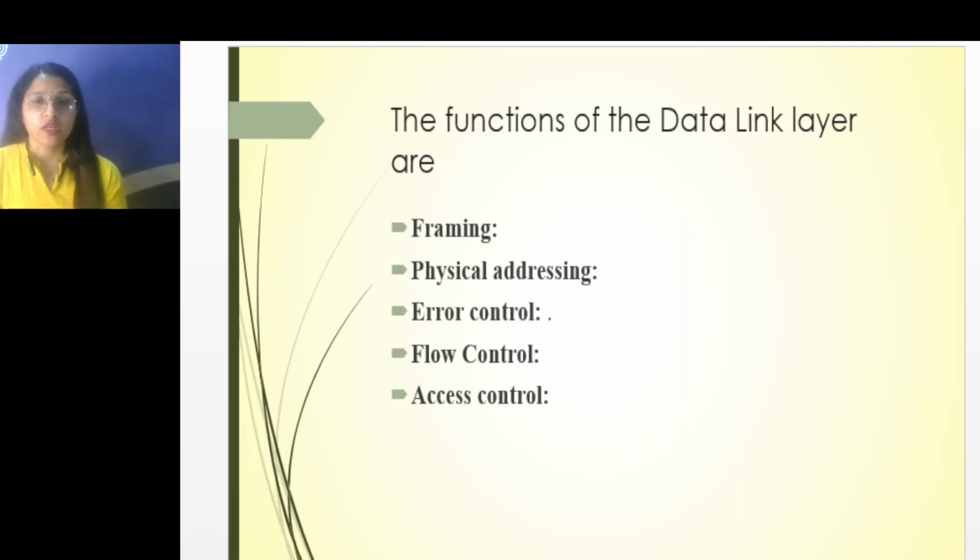Next is the error control. Because if data is moving from one node to another, there can be some kind of damage in the bits for any reason. So because of noise and other reasons, there can be errors in the data bits.